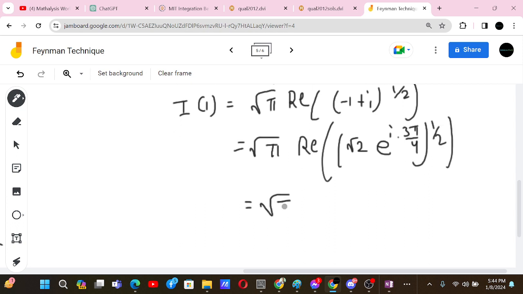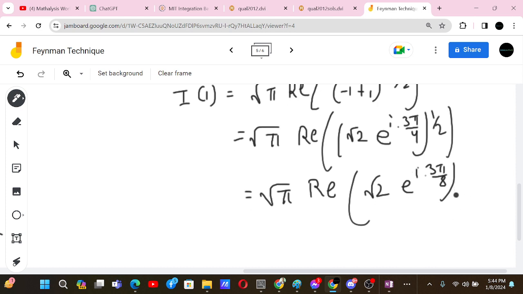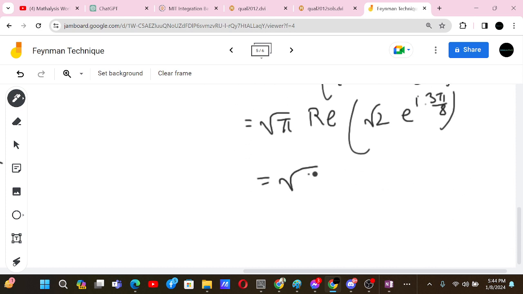So this is root pi, real part of root 2 times e to the power i times 3 pi by 8. Now this is just cos 3 pi by 8 plus i sine 3 pi by 8. So the real part will be root 2 times cos 3 pi by 8.